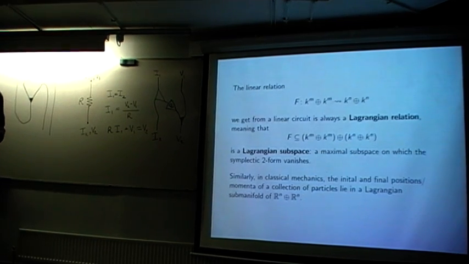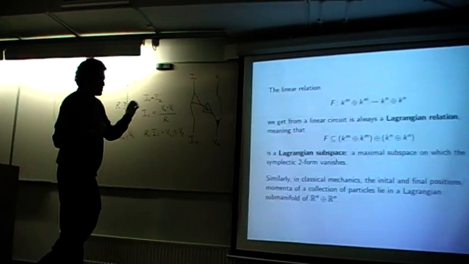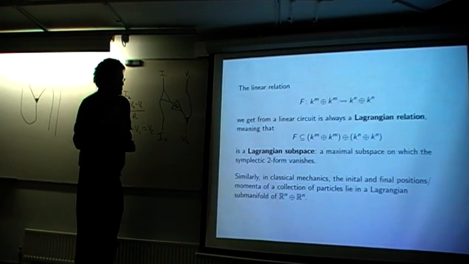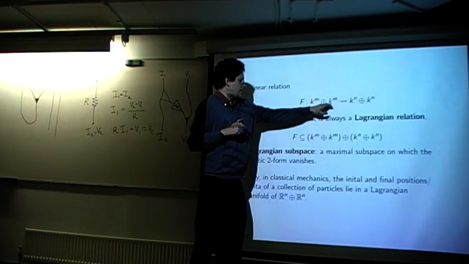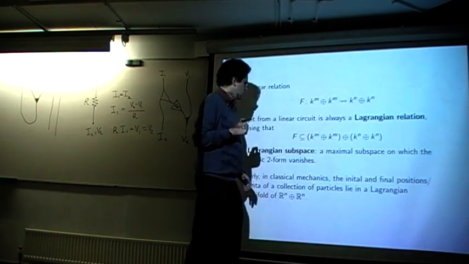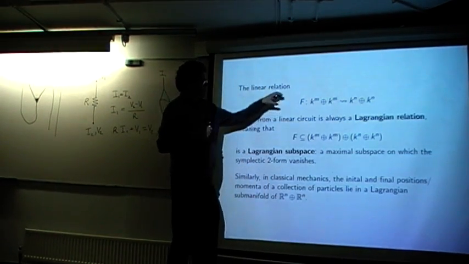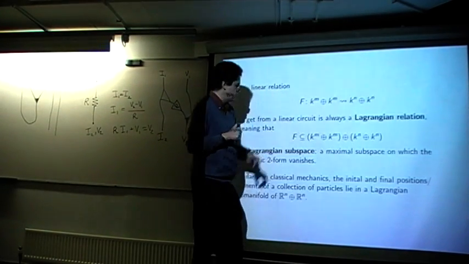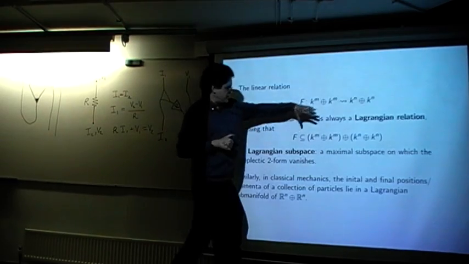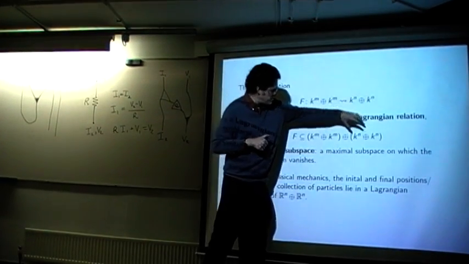And so it turns out that the linear relation that we get from a circuit is always what's called a Lagrangian relation. So here are the voltages and currents coming in, here are those coming out. The circuit will pick out a linear subspace of the direct sum of those two vector spaces. But this is a symplectic vector space, and that's a symplectic vector space.